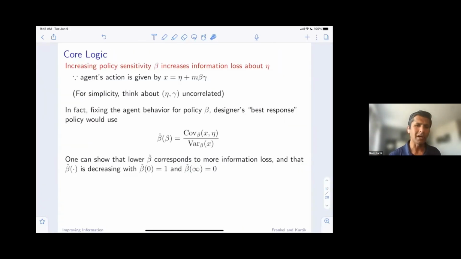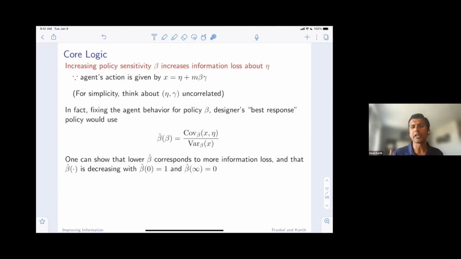Okay, so a way to make this a little bit more precise, we could think about the following issue. Suppose that the agent's behavior corresponds to a policy beta. So the agent responds thinking that the designer is using policy sensitivity beta.